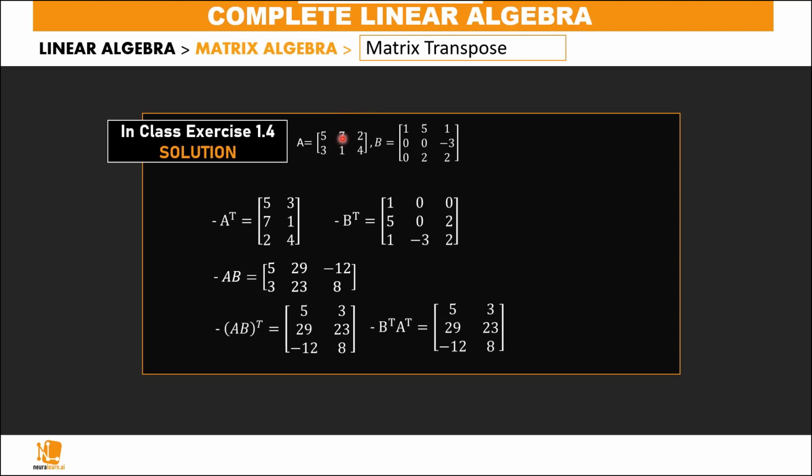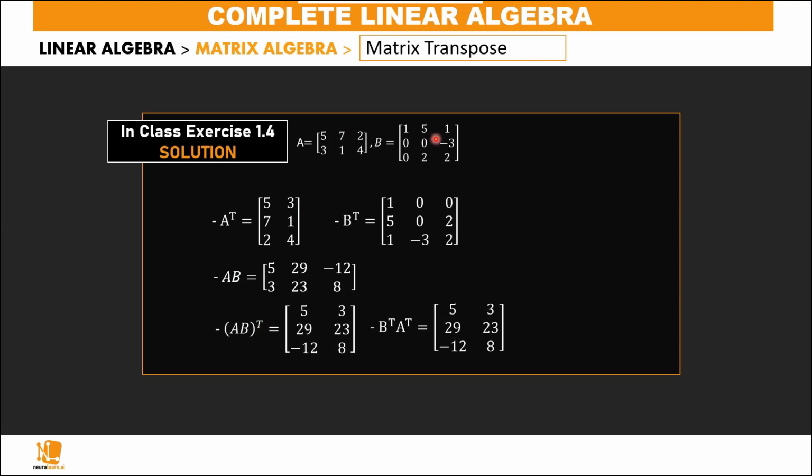The second column of A becomes the second row of A transpose. The third column of A becomes the third row of A transpose. Then the first column of B becomes the first row of B transpose. The second column of B becomes the second row of B transpose. The third column of B becomes the third row of B transpose. Let's get AB.